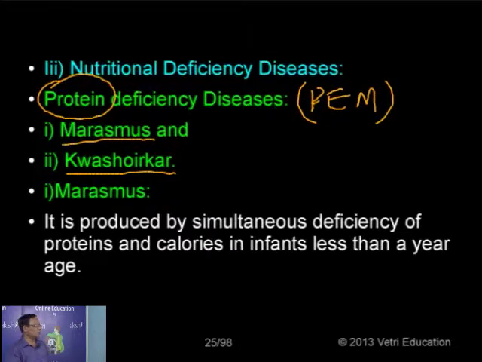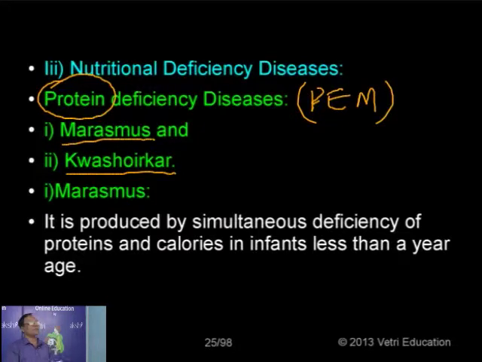Let's take the first one, marasmus, and both are because of reduction in intake of protein diet. When the protein is deficient in the diet of the child, then it results in protein energy malnutrition. Deficiency of protein leads to some sort of disorders, protein deficient disorders.